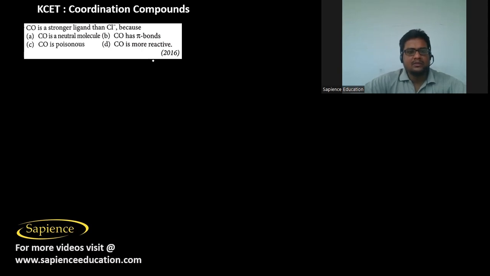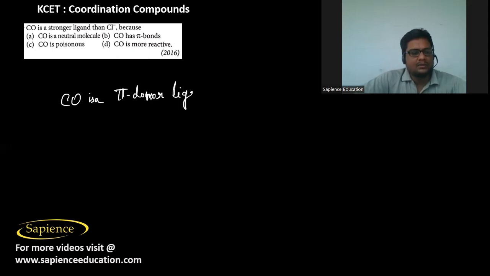Now it is told that CO is a stronger ligand than Cl minus, because CO is a pi donor ligand. It means that it will donate pi electrons. So it is a pi donor ligand since it donates the pi electrons.